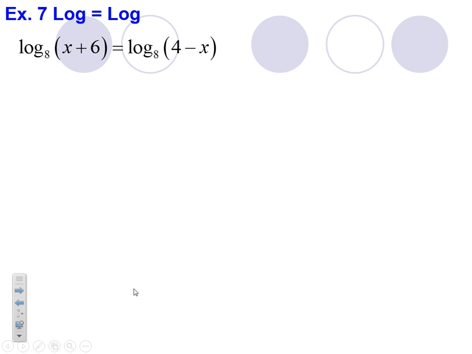In the first example, we see log equals log. We have solved problems like this before by using the one-to-one property. We can just equate the x plus 6 to the 4 minus x and then solve the equation for the variable.